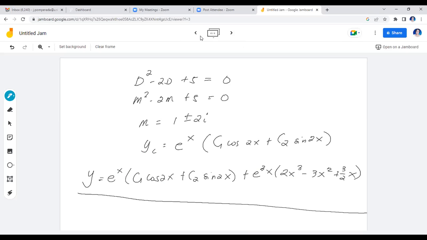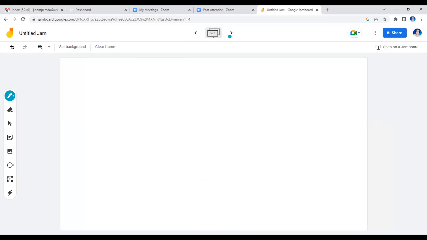The next method that I'm going to introduce, because I don't have enough time, the operator method, has also a restriction because it's only the last method that does not have the restriction. So the operator method, if I will emphasize, requires that your f of d, the function of d on the left side of your DE, should be factorable. What does that mean, Miss Ali, when it should be factorable?